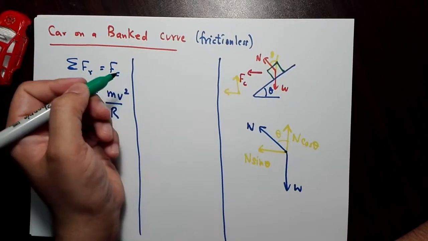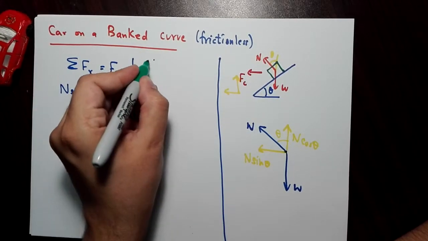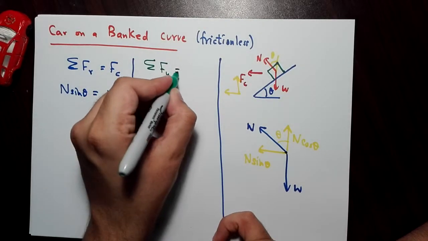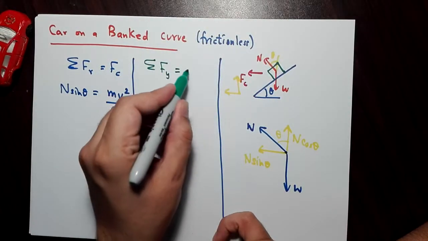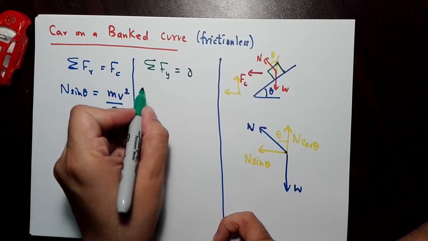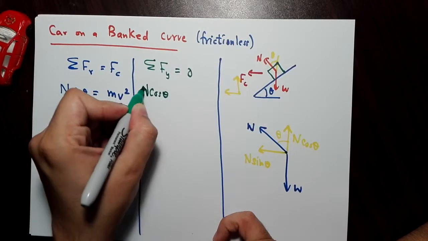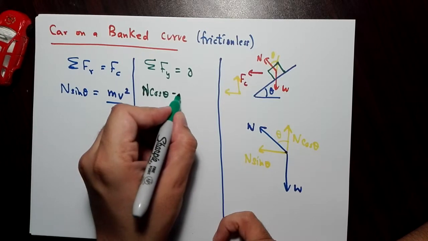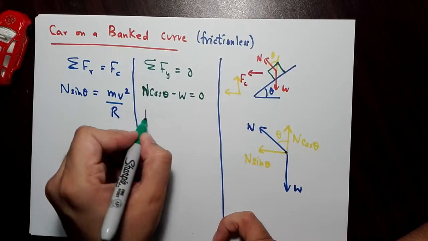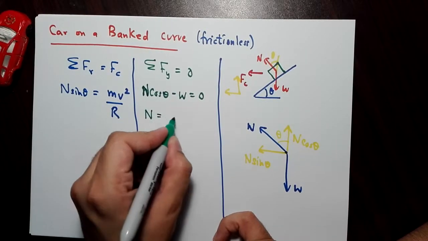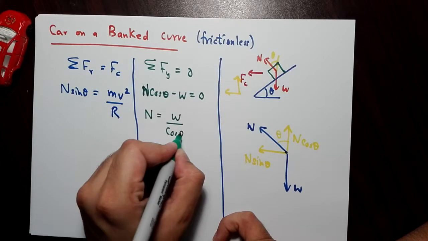For the equation in the y direction, there's no motion in the y direction, so that's equal to 0. So you get N cosine theta minus W equals 0. So you get N equals W over cosine theta.